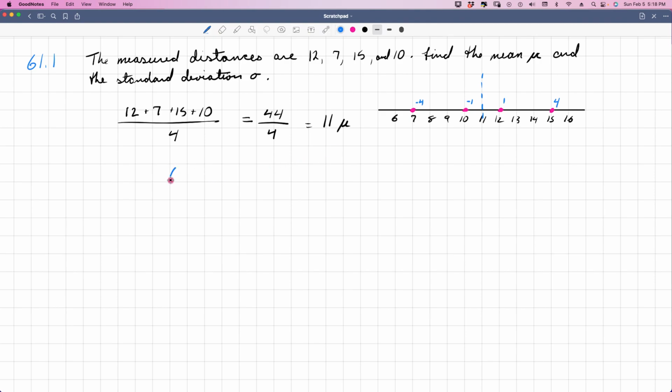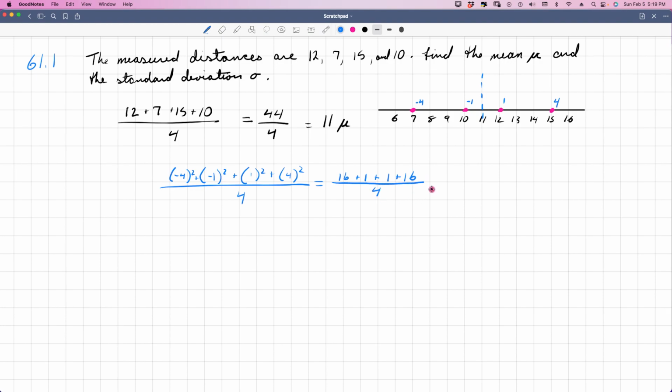So we're going to do -4 squared plus -1 squared plus 1 squared plus 4 squared, and that's going to be divided by 4. So we take these deviations, and that becomes 16 plus 1 plus 1 plus 16 divided by 4.